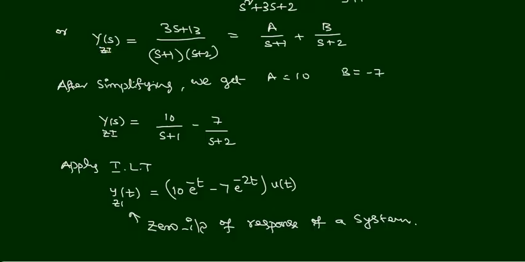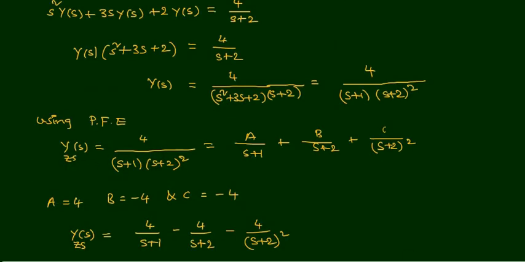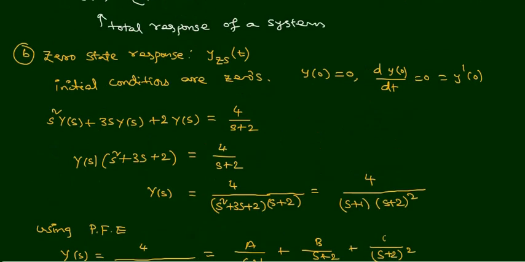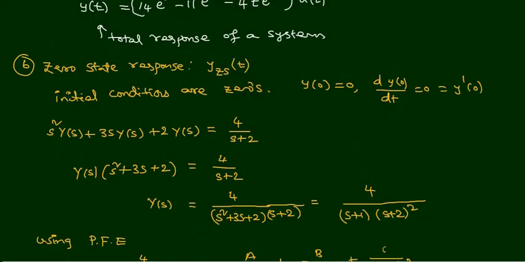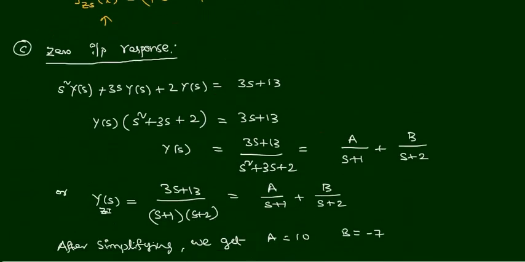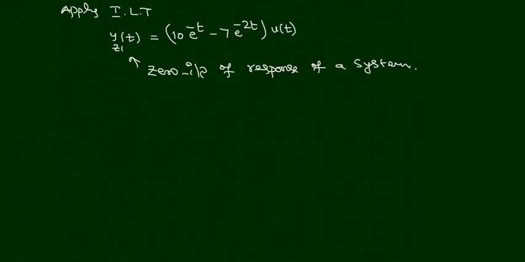Here, for cross checking purposes, we can also use the total response Y(s), which equals the sum of the two responses, zero state and zero input. So we can cross check it.